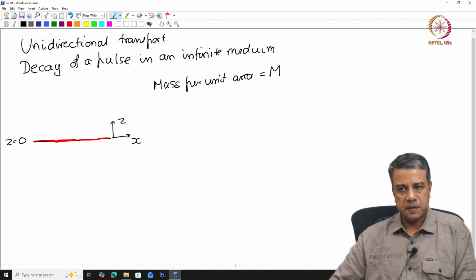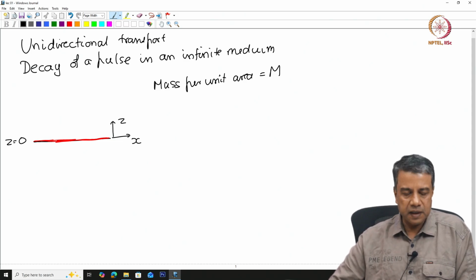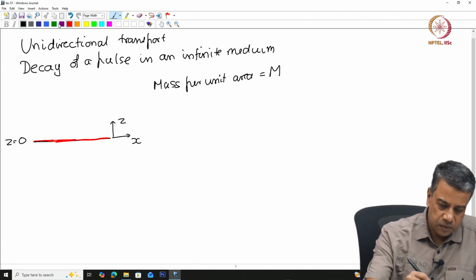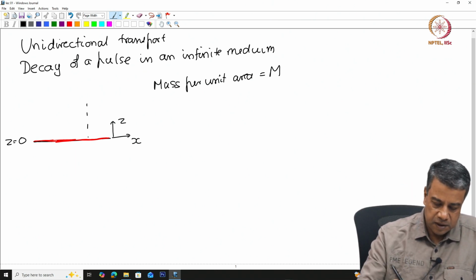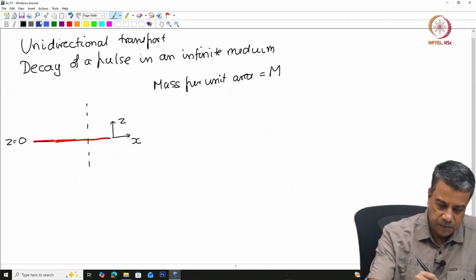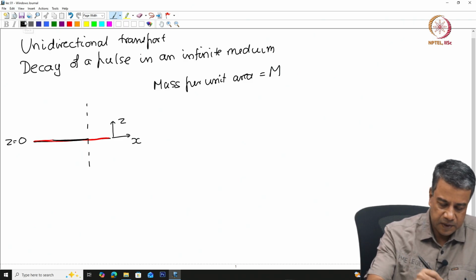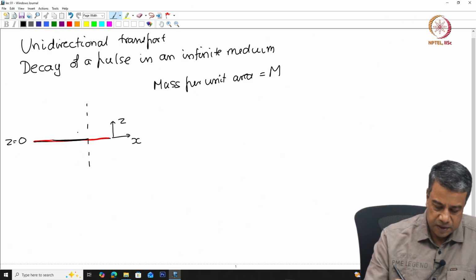So, you put this mass into a plane of infinitesimal thickness, and then the material that you have put in will slowly diffuse out. Initially the concentration field will be a delta function. I will explain what that is later. It will be only at this particular location, and then as time progresses it will spread.